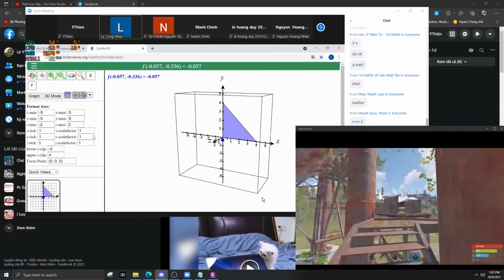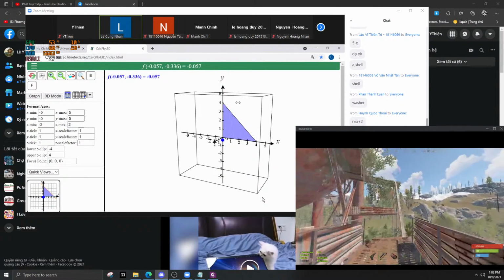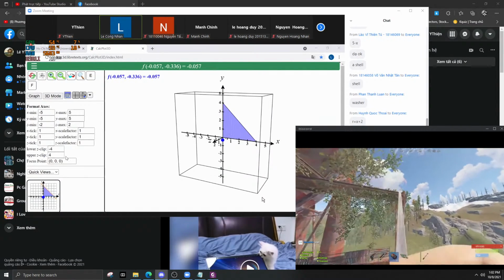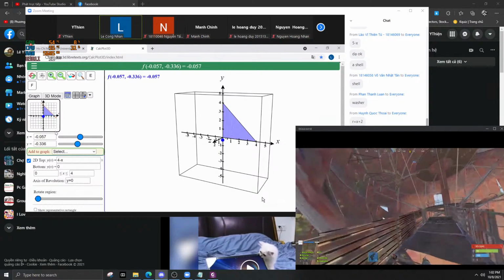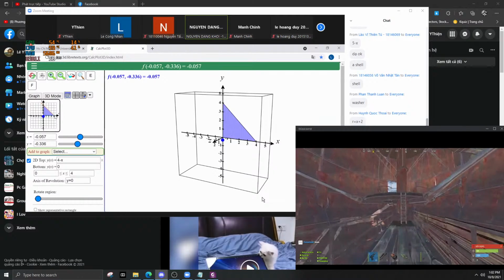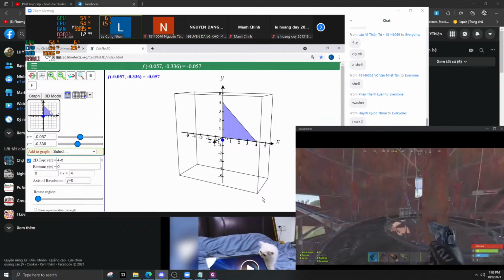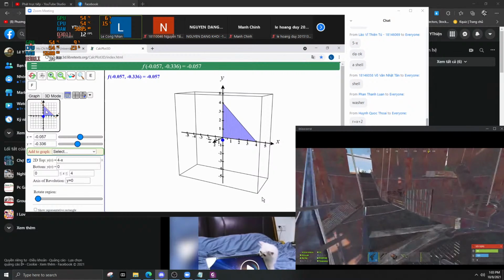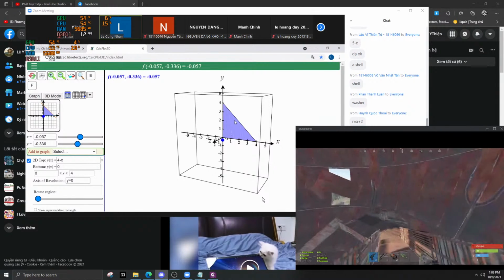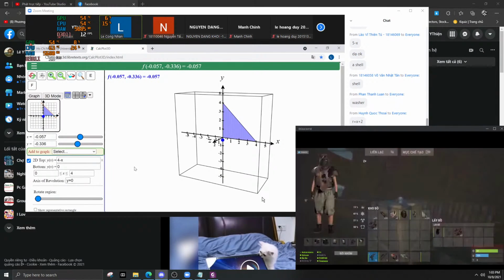Then we could see this is the 2-dimensional space, and we have the region D, this one.